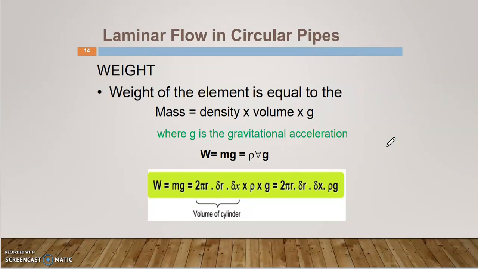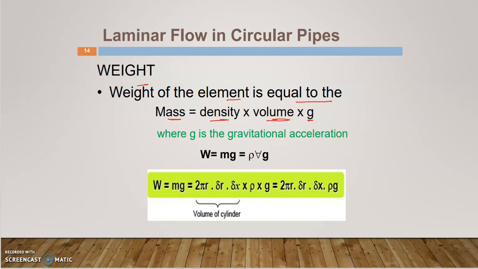Alright, another force acting on the molecule is the weight. So weight is equal to the mass, which is the density times the volume, times gravity.